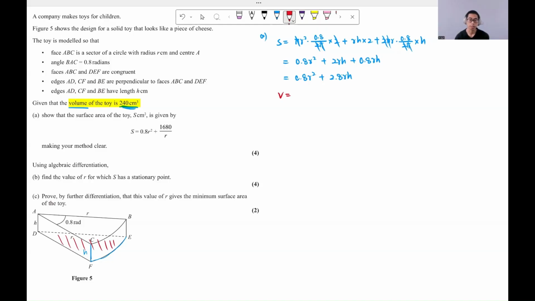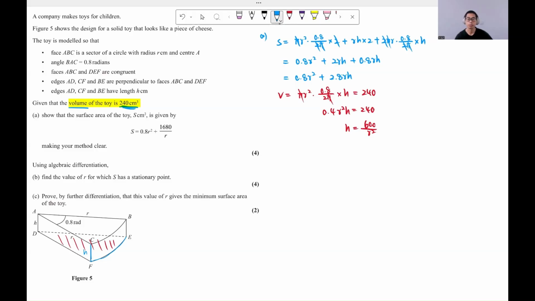So that will give us pi r squared times 0.8 over 2 pi, times the perpendicular height h, equal to the volume, 240. Pi over pi cancelled, 0.8 over 2 is 0.4. So 0.4 r squared h equals 240. That means h is equal to 240 divided by 0.4, which is 600, and then divided by r squared, just 600 over r squared.